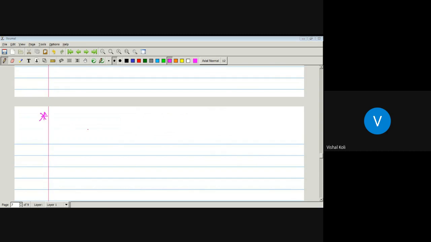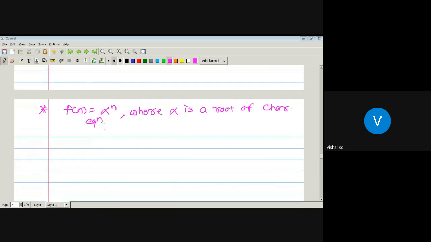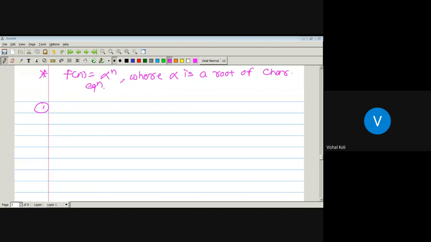The next case: whenever f of n is nothing but alpha raised to n, where this alpha is a root of the characteristic equation. We will take an example. Solve a n plus 2 minus 4 times a n plus 1 plus 4 a n is equal to 2 raised to n.